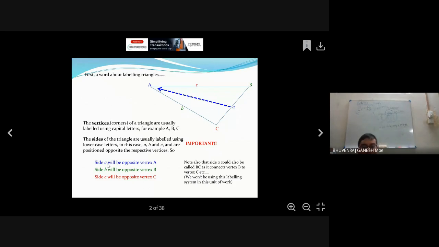So side a is opposite the vertex A. This is what we call a vertex, which we actually learned in network in graph theory.